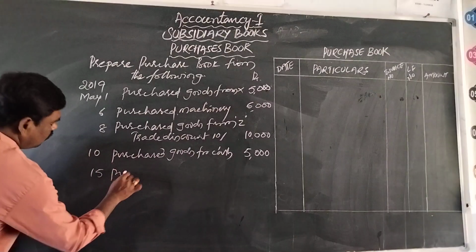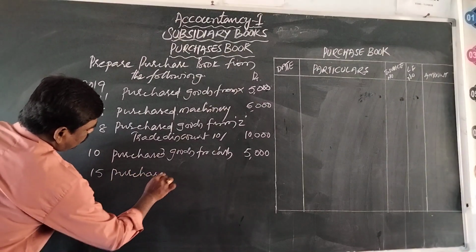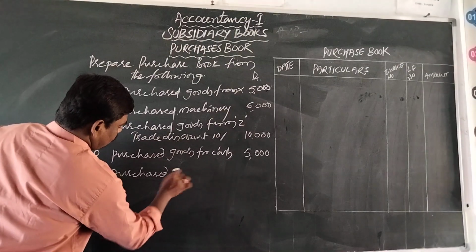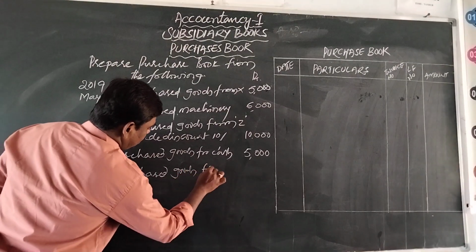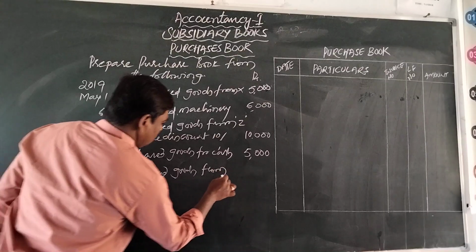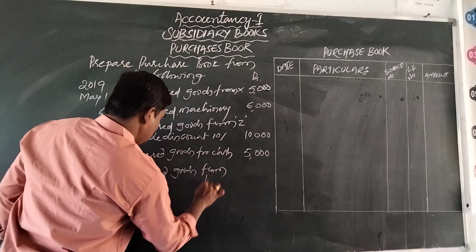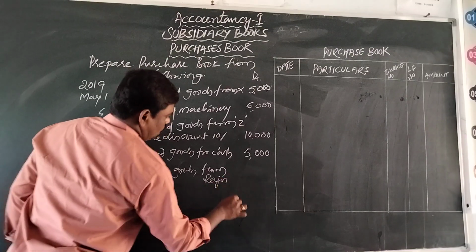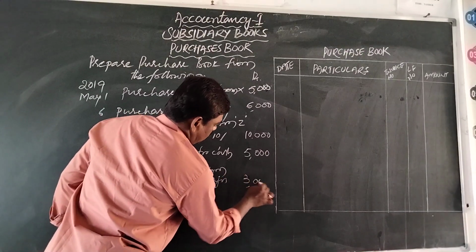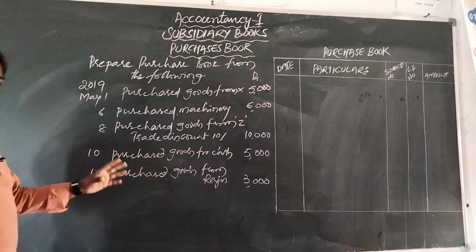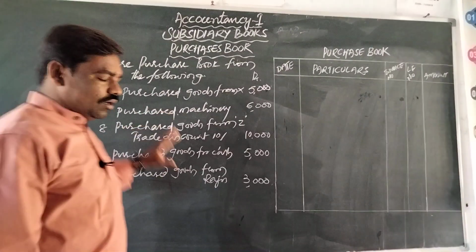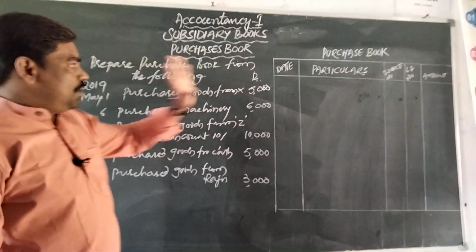On 15th: purchased goods from Raju, rupees 3,000. So the transactions will be given like this and you are asked to prepare the purchase book.